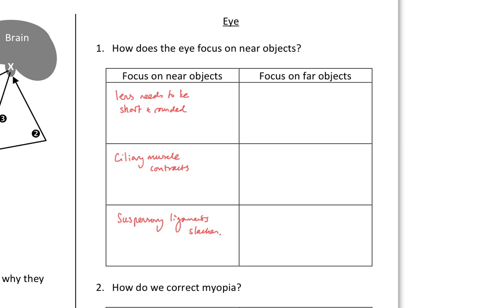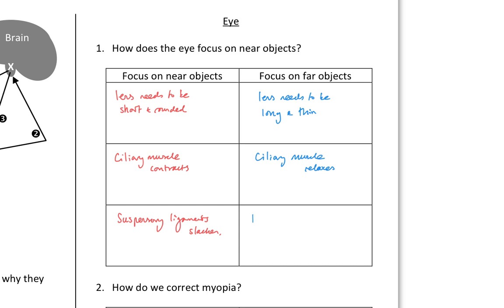Focusing on a far object, so let's just do the opposite. So the lens needs to be, opposite of short is long, and opposite of rounded is thin. Ciliary muscle relaxes. That means it's going to become a wider circle of muscle.